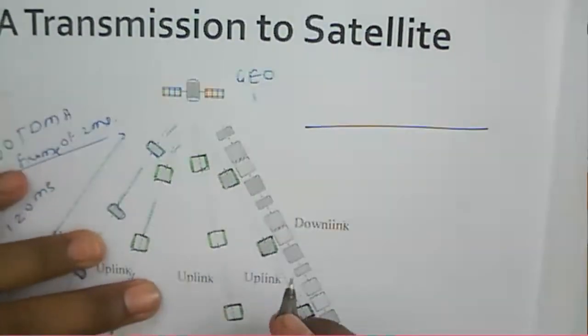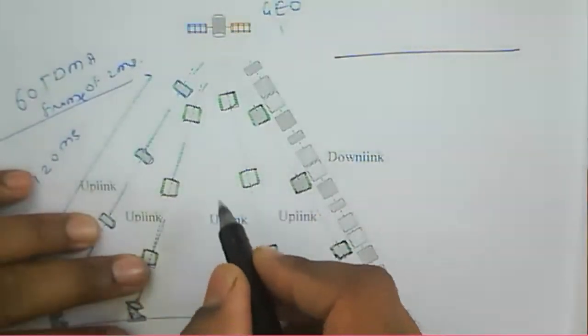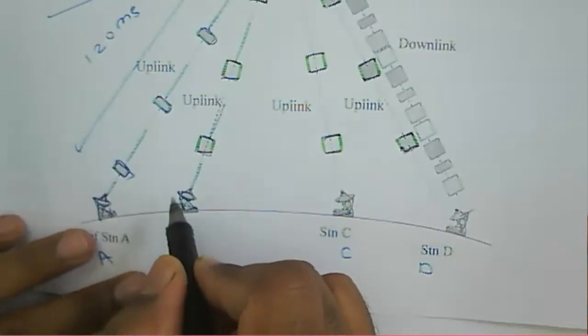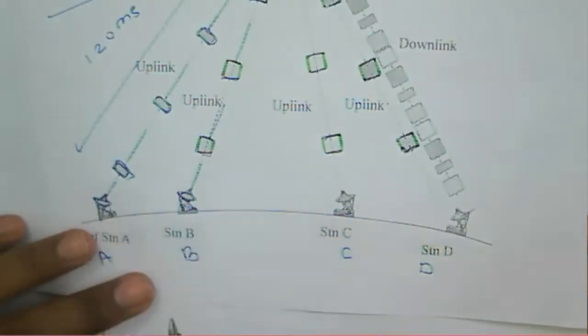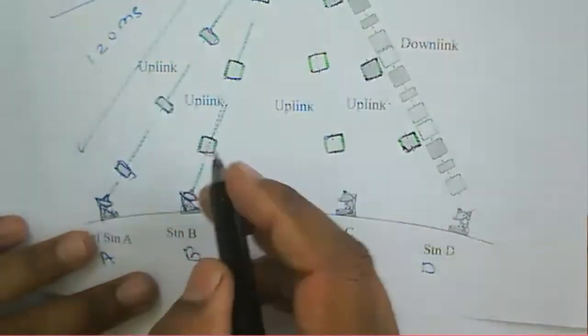So that's why we need to know here at what time these stations are transmitting the data. So that's why it is necessary to synchronize the bursts. Okay.